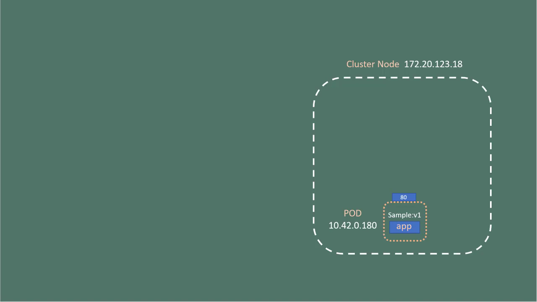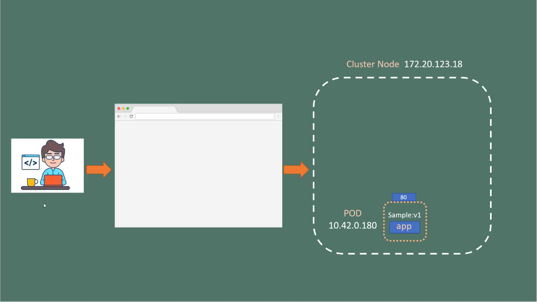When we bring up a container or a pod here, it gets an IP from the Kubernetes cluster. So our application is now up, and how can we access this application? Here there is a user who wants to access this application. How can they do that? Is it possible to use this IP in a browser and access it?